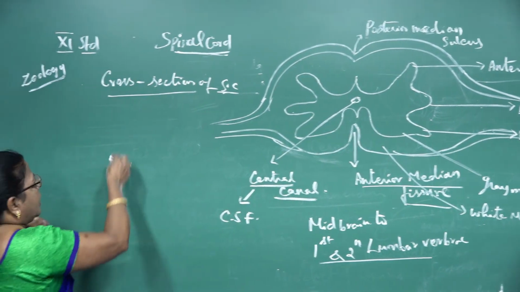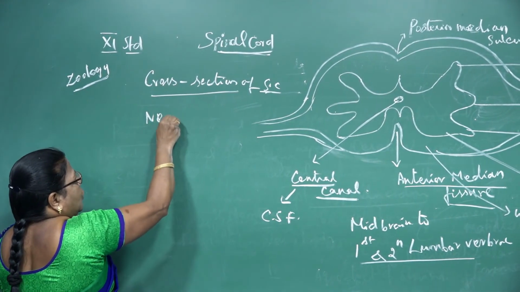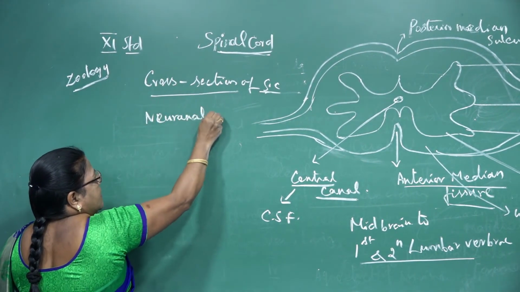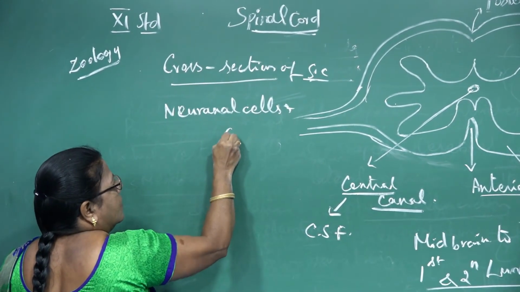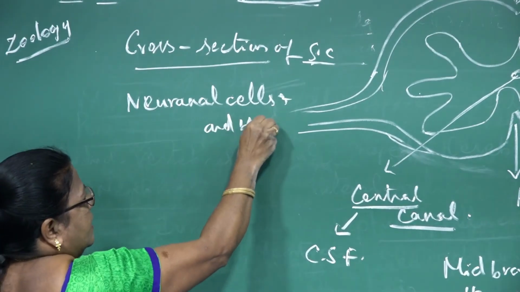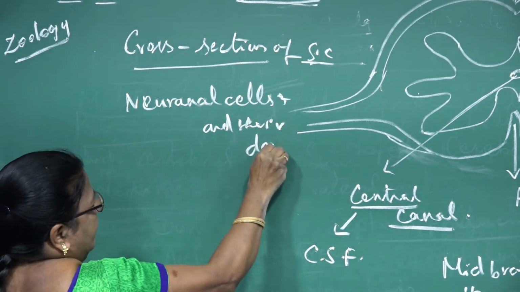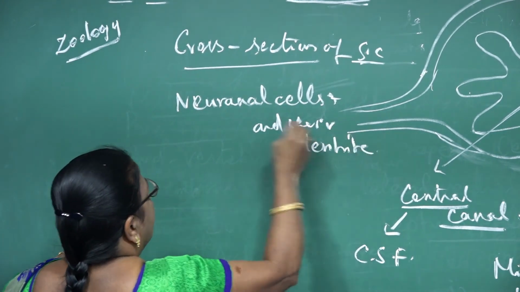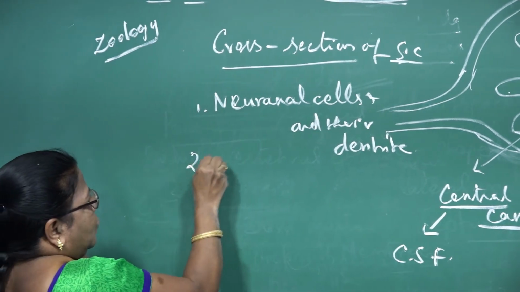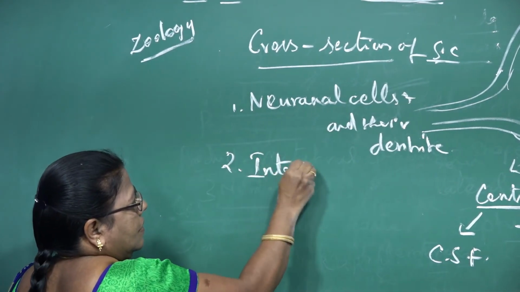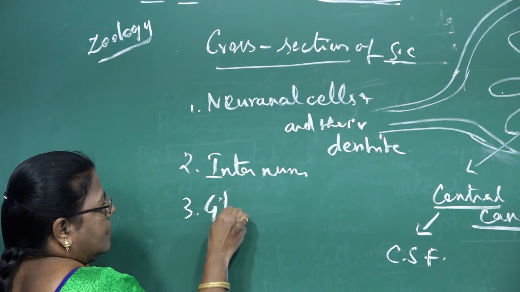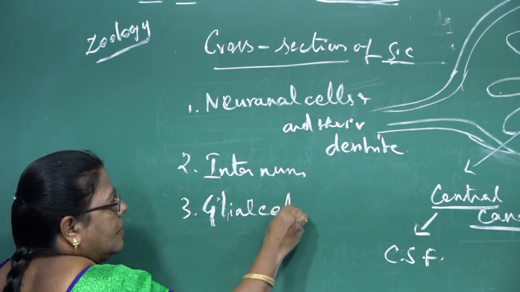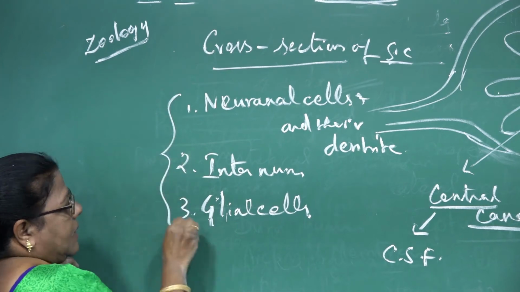One is neuronal cells and their dendrites. Second one, interneuron. Third one, glial cells. These are present in the grey matter.